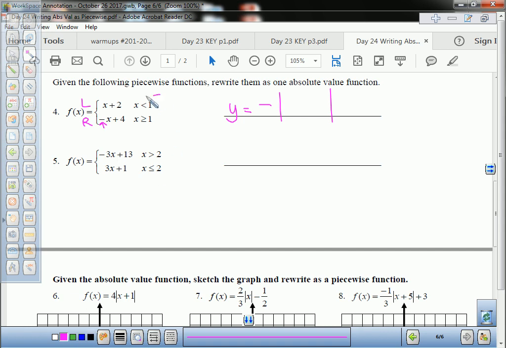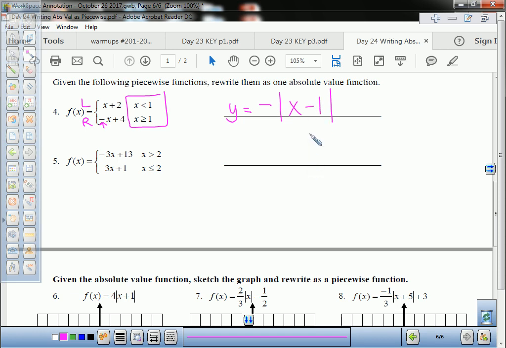All right? Look at this restricted domain. That restricted domain tells me the x value at the translation point is what? 1. So in here it has to be x minus 1.